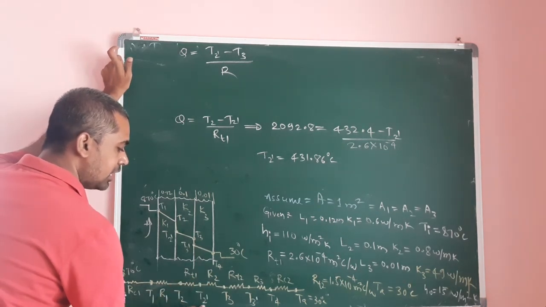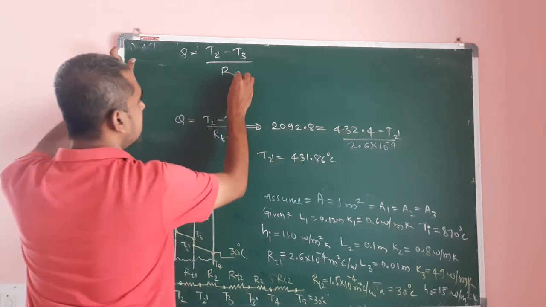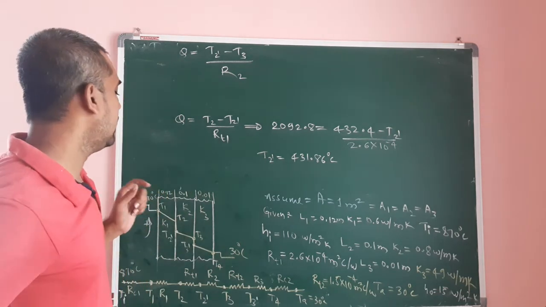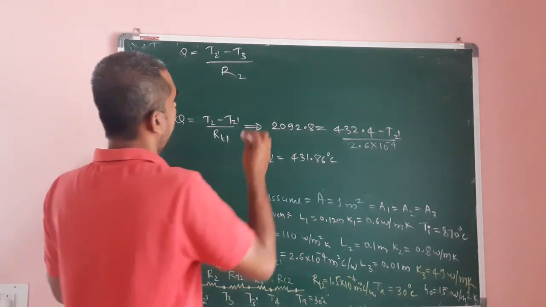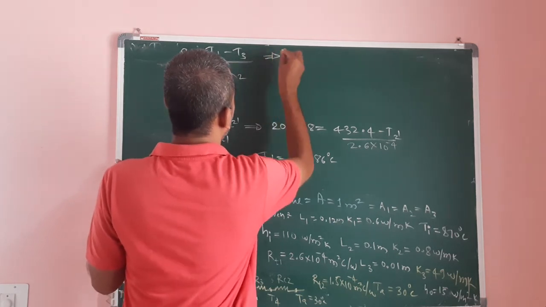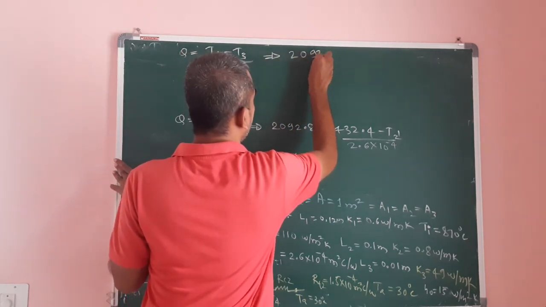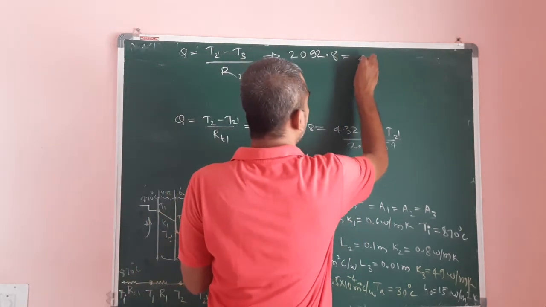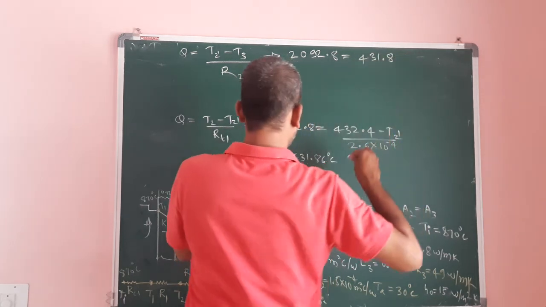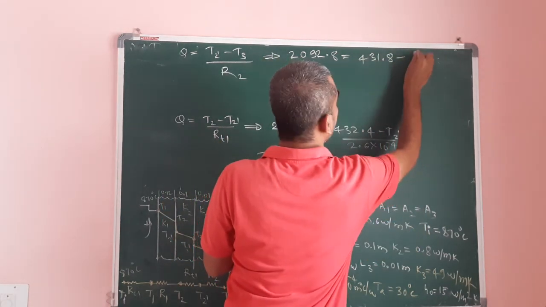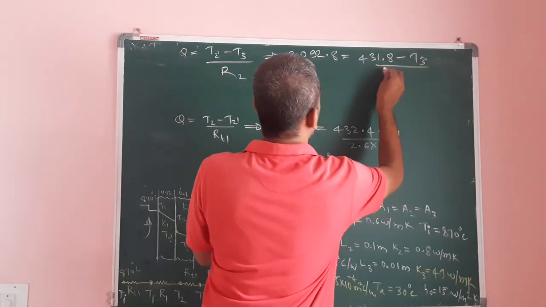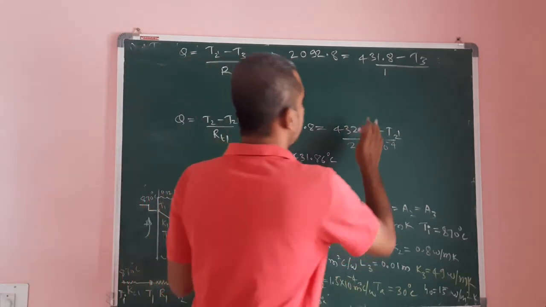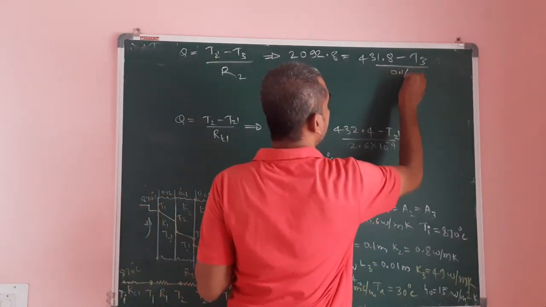R2 is equal to L2 divided by K2. Q again remains the same, 2092.8. T2 dash we calculated as 431.8, minus T3, divided by R2, which is L2 by K2, that is 0.1 divided by 0.8.